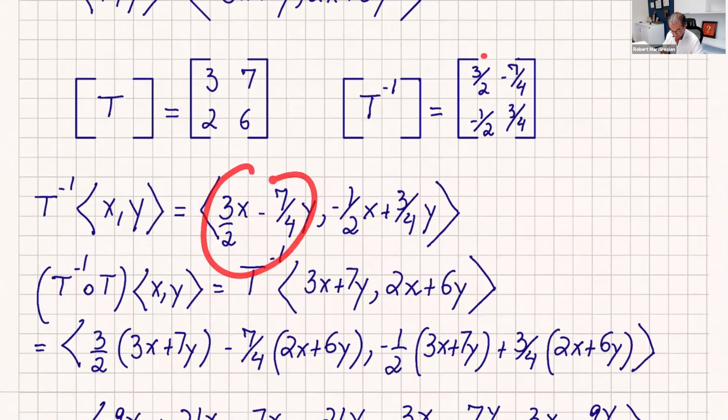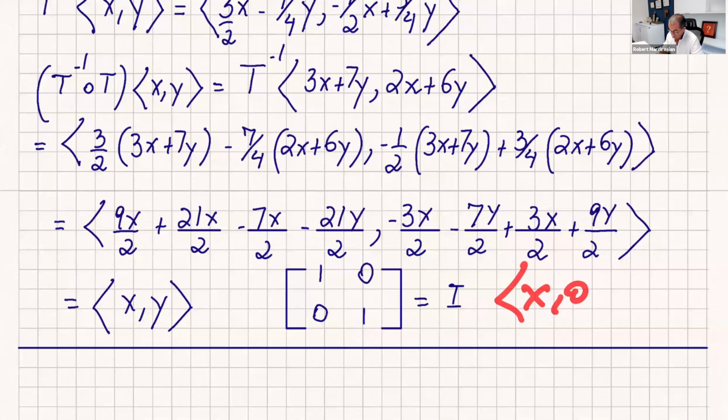And what is x, y is just the same thing as x times 1 plus 0 times y, which is the identity matrix. And we know that T times T inverse is going to give you the identity matrix.